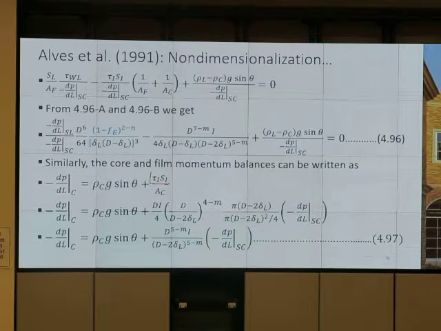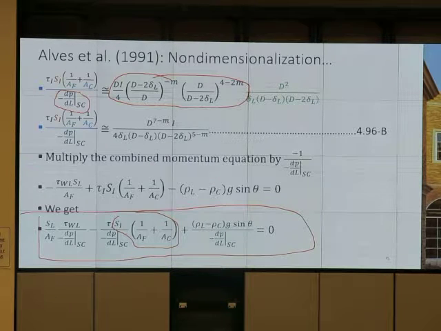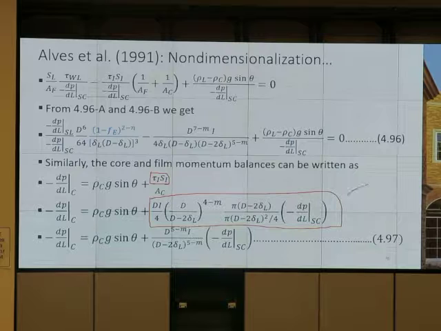Instead of tau ISI over AC, I wrote that, because I have already proved that tau ISI something is that. So you get that term. Or rearrange it, you get 4.97.